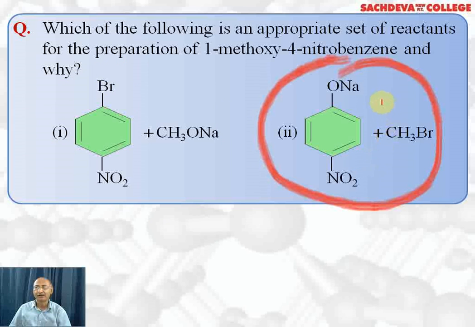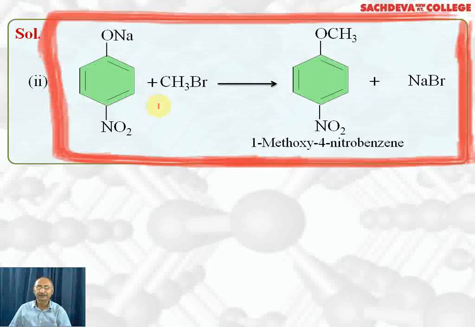NaBr will be removed and CH3 will come here, and we will get para-nitromethoxybenzene. This is the reaction which is taking place. Para-nitro sodium phenoxide reacts with CH3Br, resulting in the formation of 1-methoxy-4-nitrobenzene plus NaBr.